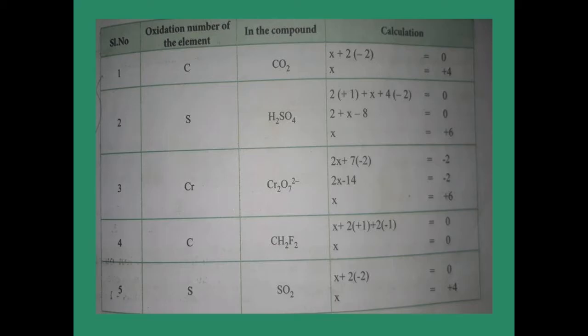Next example, sulfur dioxide. Here we are going to calculate the oxidation number for sulfur. So 2 oxygen is present, 2 into -2. According to the rule, the oxidation number of oxygen is -2, equal to, it is a molecule, so 0. Put the value, we get the X value equal to +4 for the oxidation number of sulfur.